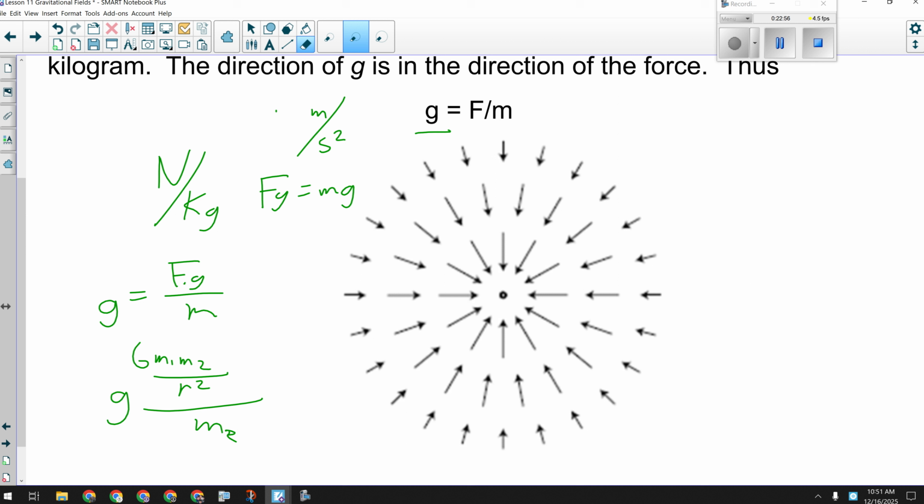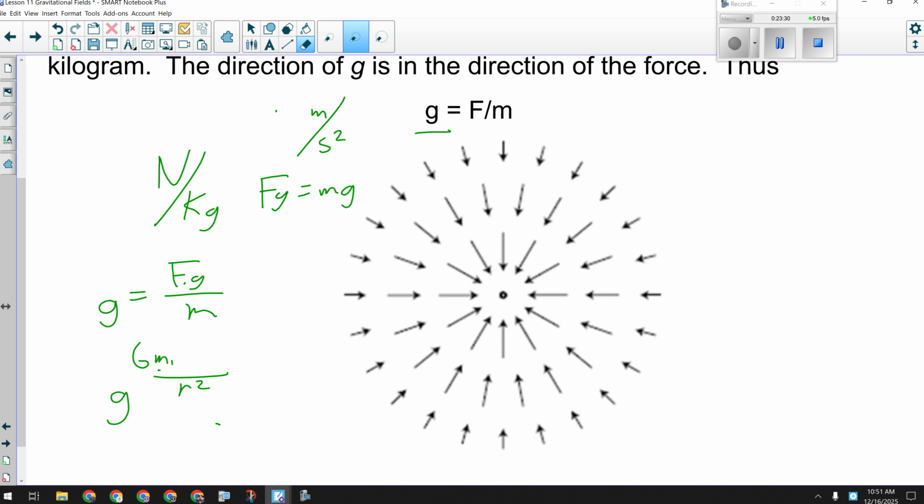So if I put the smaller of the two masses in there, it cancels, and I'm left with that as my formula, which is on your formula sheet. The formula for gravitational field strength looks a lot like Newton's universal law of gravitation. It's just that instead of solving for force in newtons, it solves for acceleration in newtons per kilogram or meters per second squared.